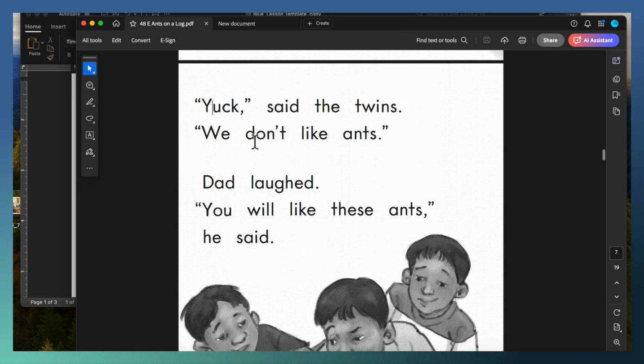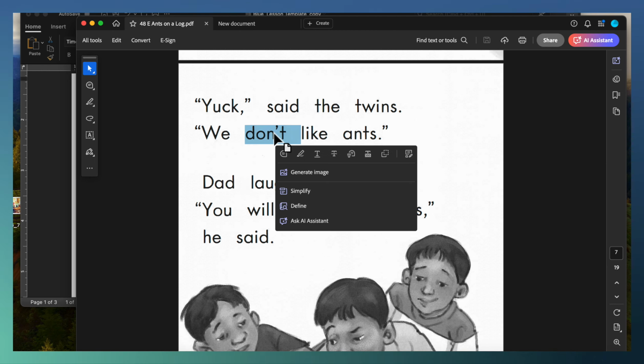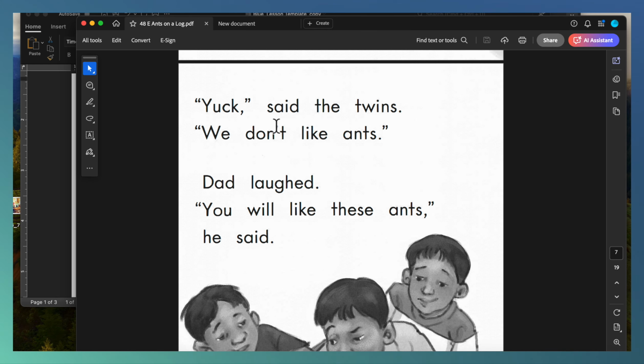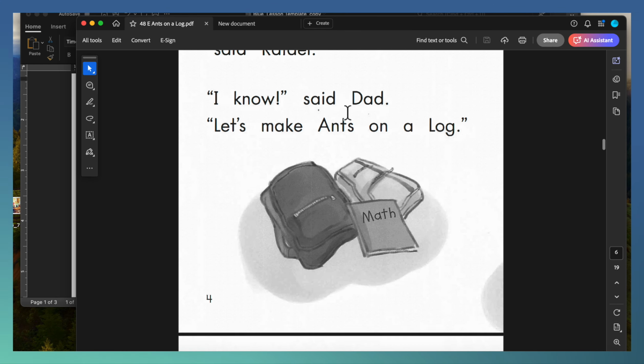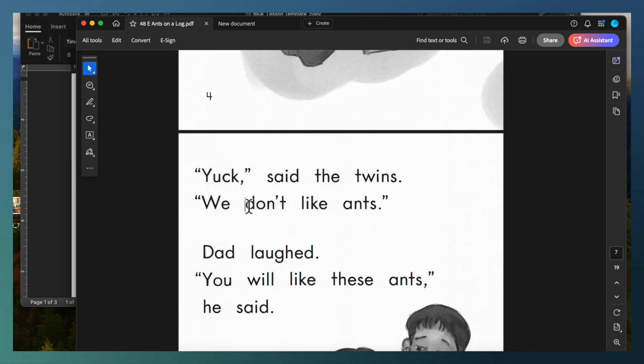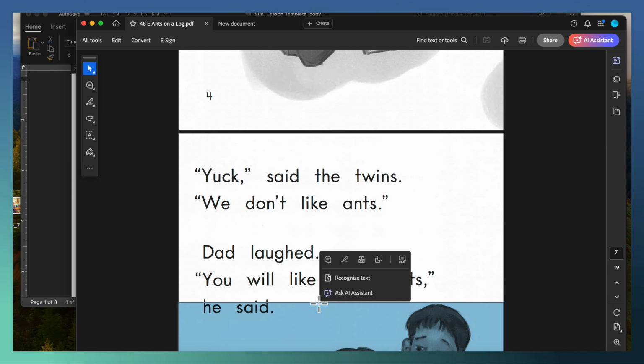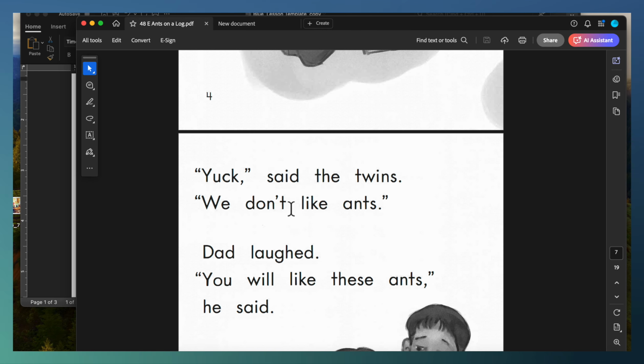We got reactions, we have negatives. Okay, so we like, and we don't like. Okay, we also have the future, will like. Okay, so it's actually kind of interesting.